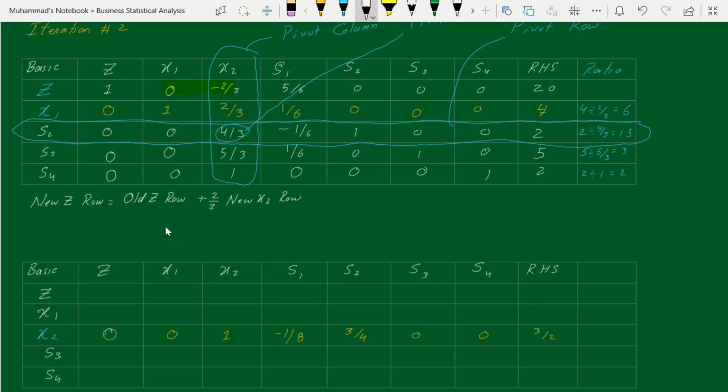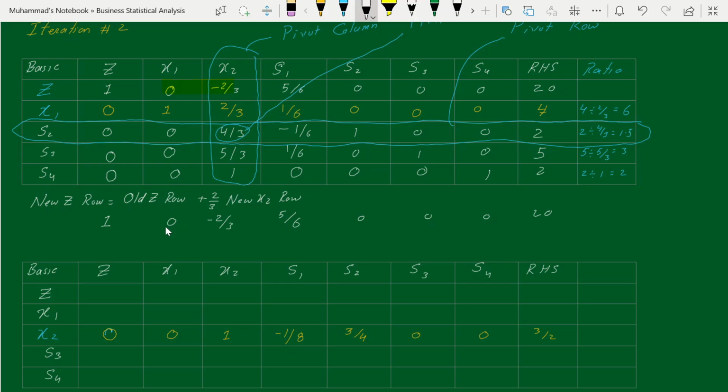First of all, let's write down the new 0 data. So new 0 row, old 0 data: 1, 0, minus 2 by 3, 5 by 6, 0, 0, 0, and 20.